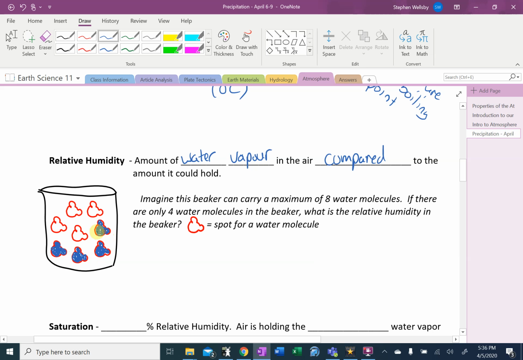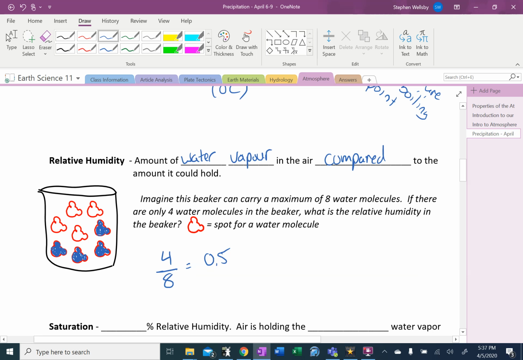And so how can we figure out the relative humidity? Well, it's just a percentage. In this case, we can do this as a fraction or a percent. It's 4 water molecules out of a maximum of 8 water molecules. If you put this into your calculator, you'll see this is 0.5.